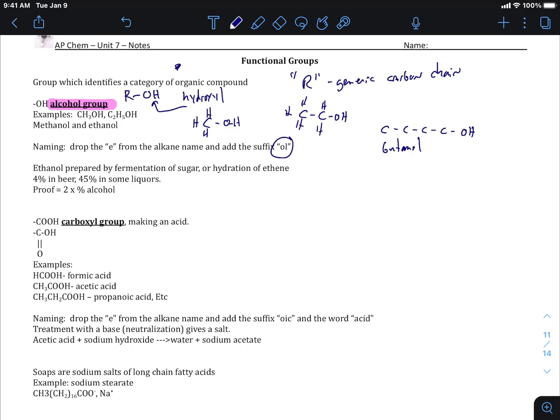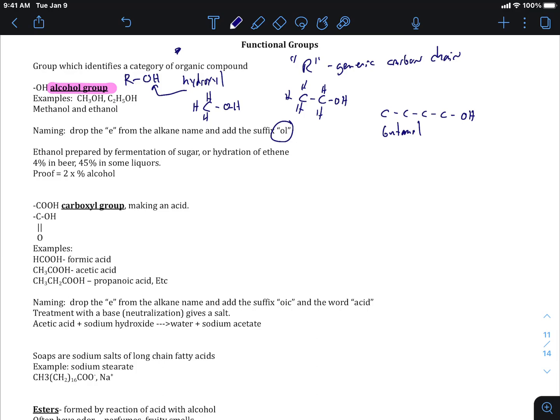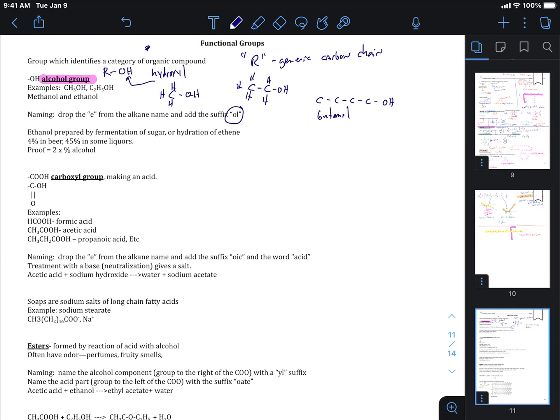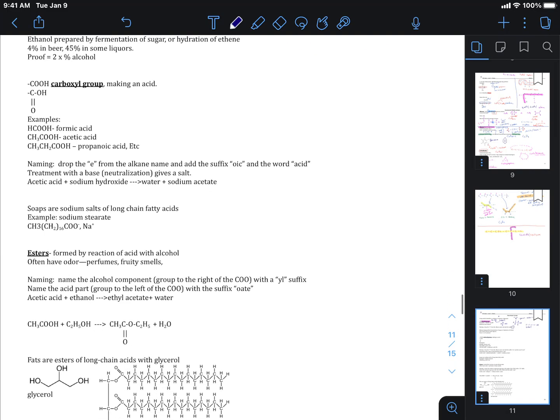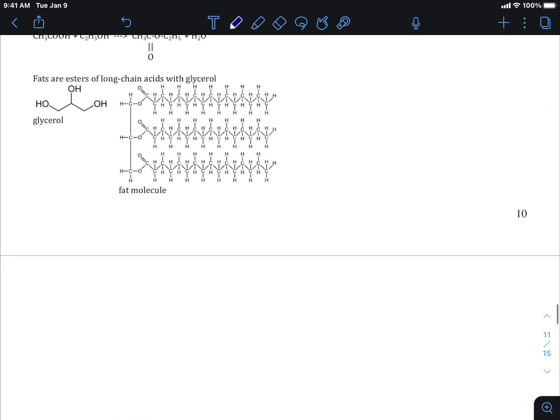Now, I'm going to add a page to go into a little more depth here. Sorry, I'm going to jump down here to some blank space because I want to show you some other things that were not in there. So there's different classifications of alcohols.